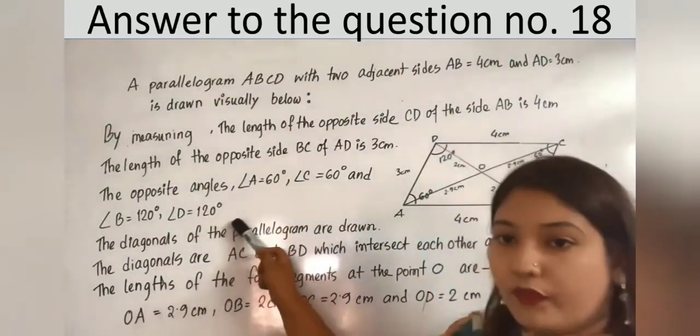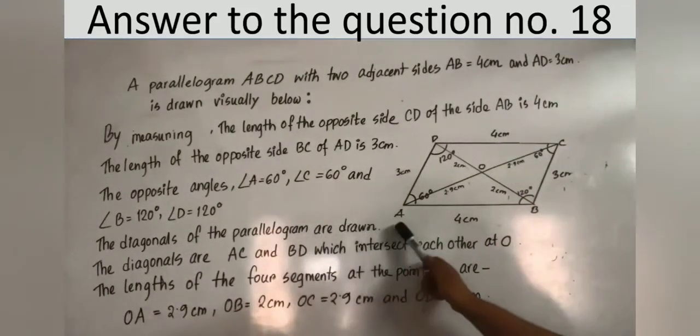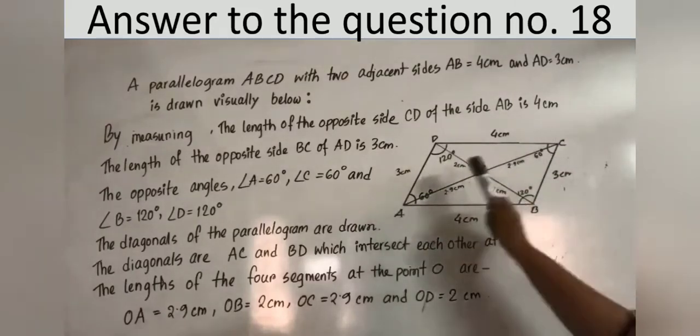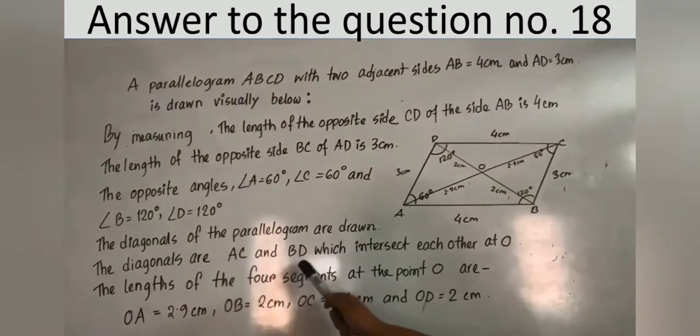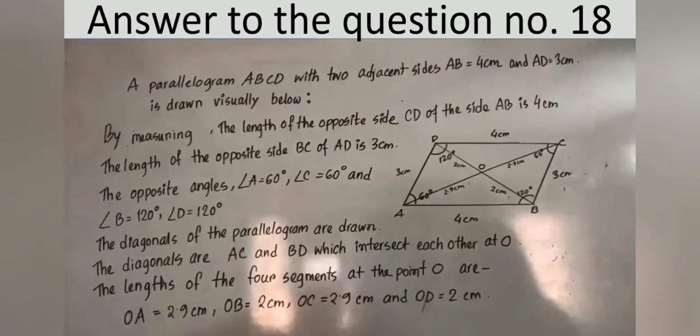That's what I have written over here. Then the diagonals of the parallelogram are drawn. We will draw the two diagonals AC and BD. So I have written the diagonals are AC and BD which intersect each other at O point.